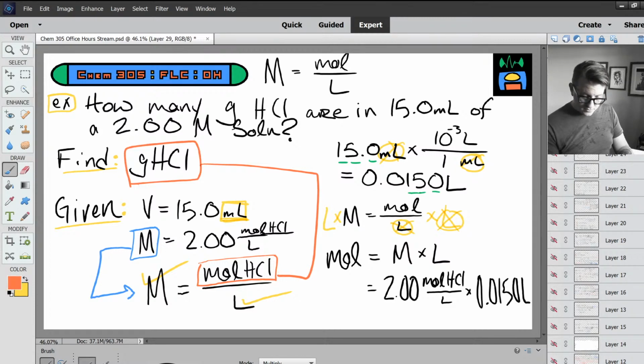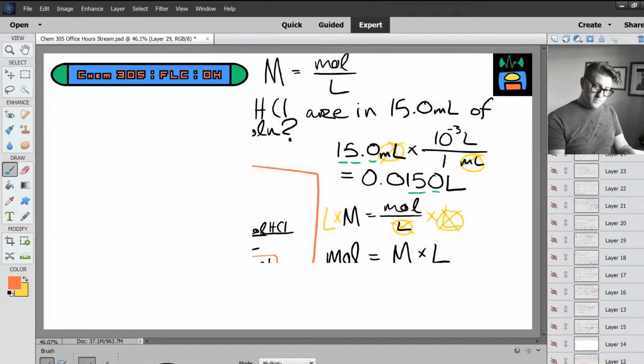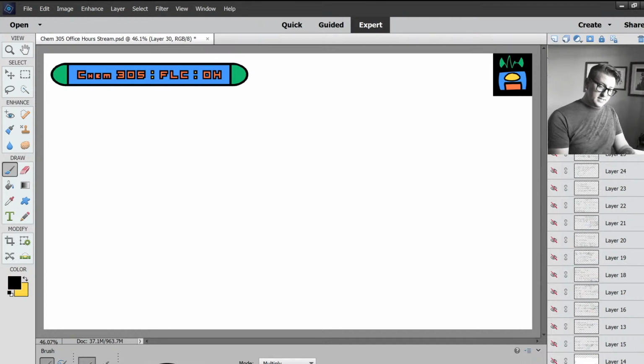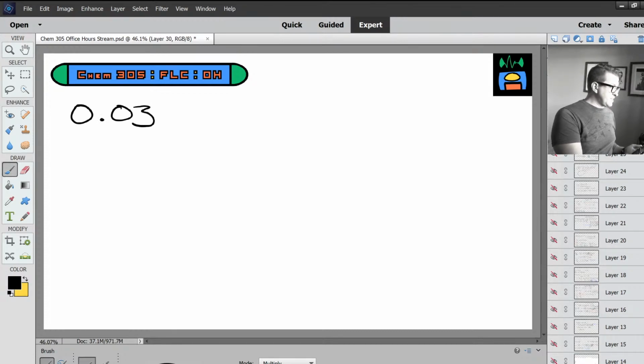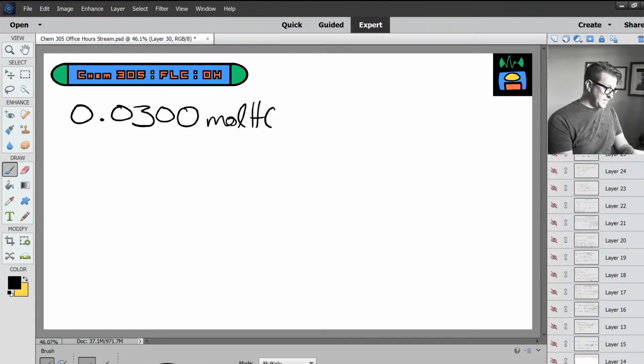So here, liters cancel. We can crunch our numbers for moles. 2.00 times 0.0150 gives us a value. Now my calculator is telling me that my answer is 0.03, but I need the same number of sig figs that I started with, right? And I started with 3 sig figs, so this will be 0.0300 moles of HCl.